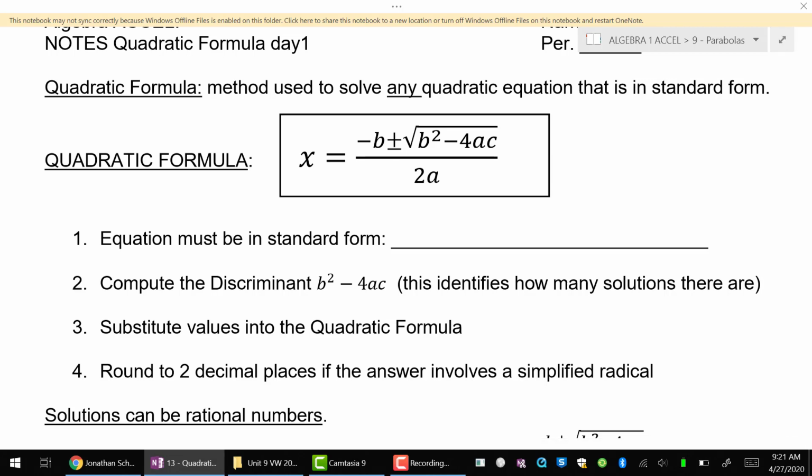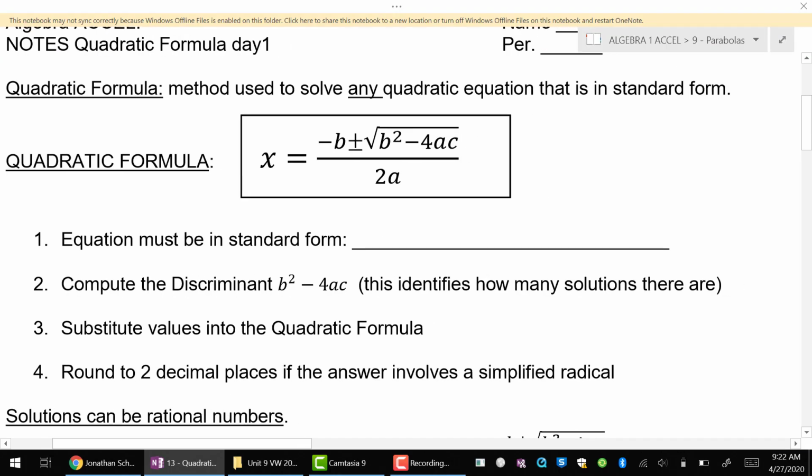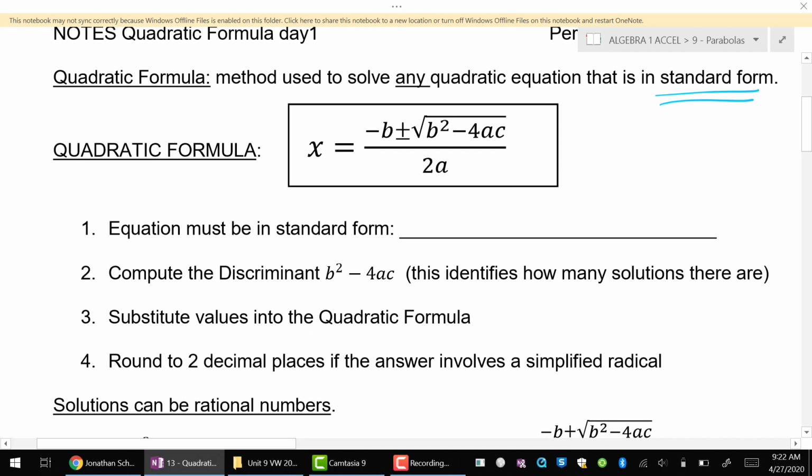Now let's not forget that our quadratic equation should be written in standard form before we dive into using the quadratic formula, because the a, b, and c values are all of the coefficients and constants in the quadratic equation before we try to solve it. So standard form, here it is: ax squared plus bx plus c equals 0.